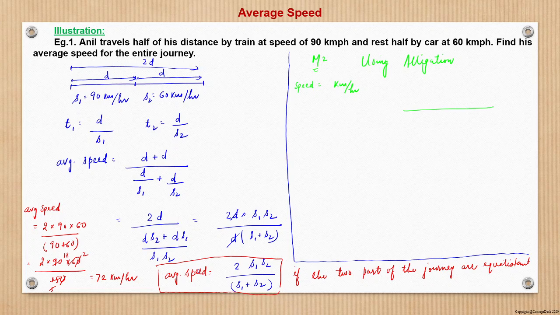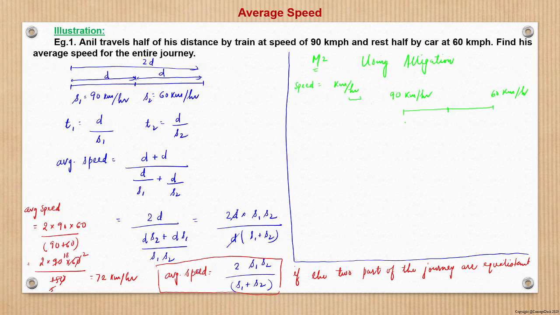So in alligation, we are going to alligate two speeds. One is 90 kilometer per hour, another is 60 kilometer per hour, and we have to find the average speed. Now typically, what comes at the bottom?